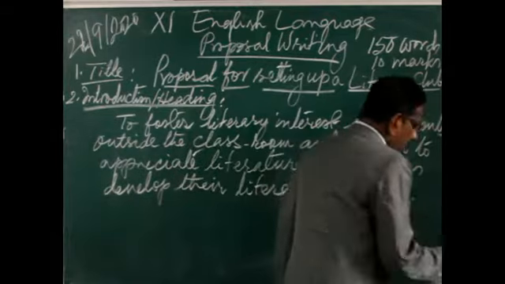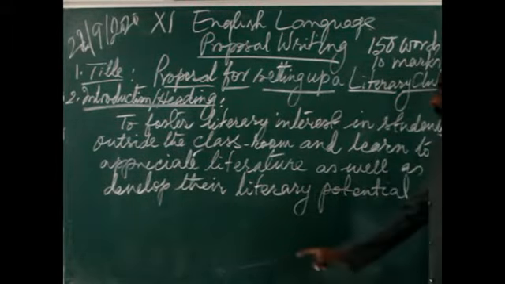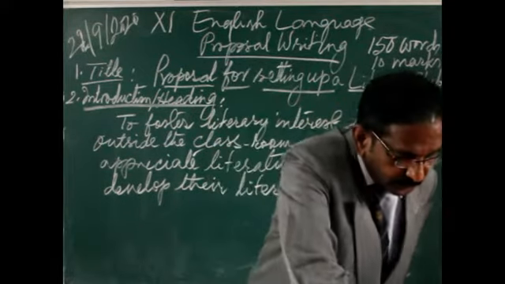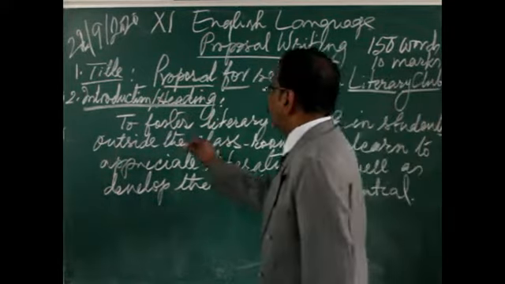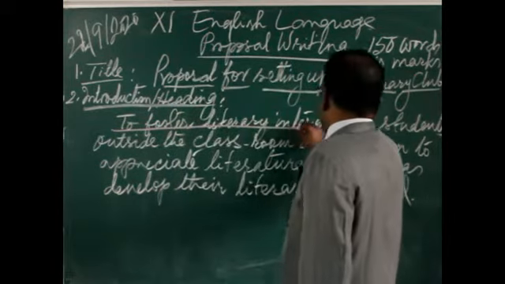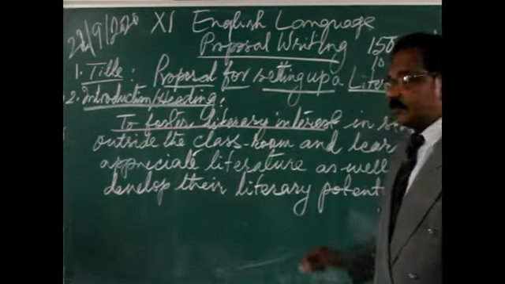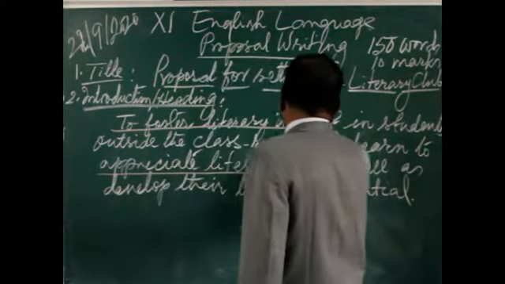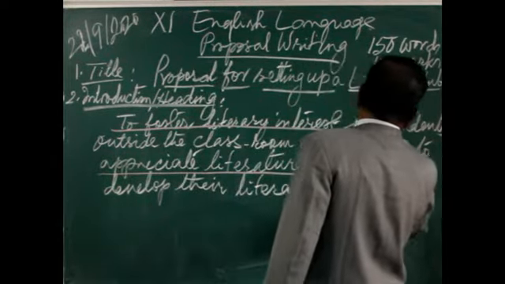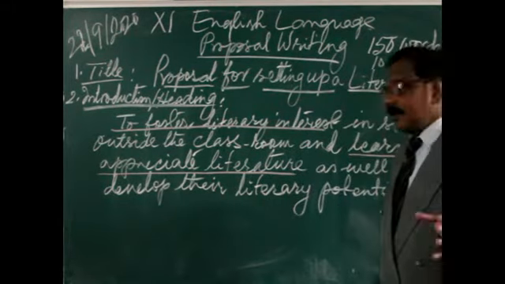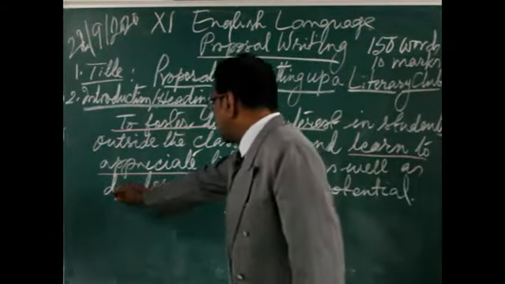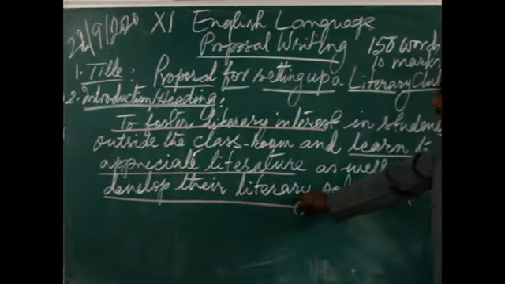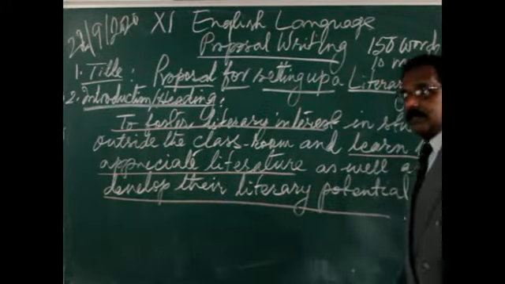So you have got 3 points here. The first is to foster interest, literary interest. Then they learn to appreciate literature. That is your second point. And the third is they develop their literary potential.